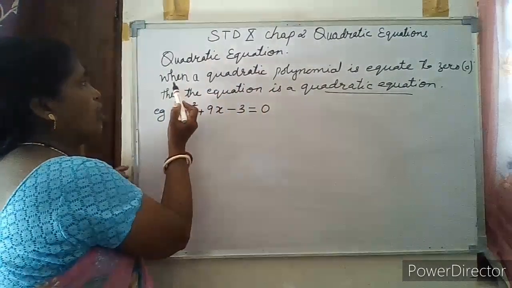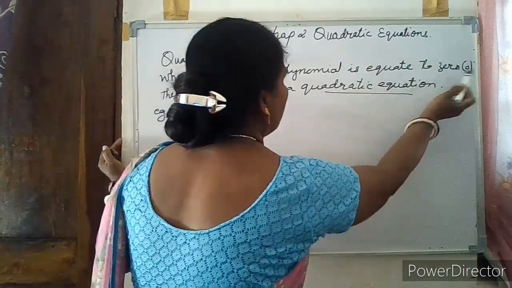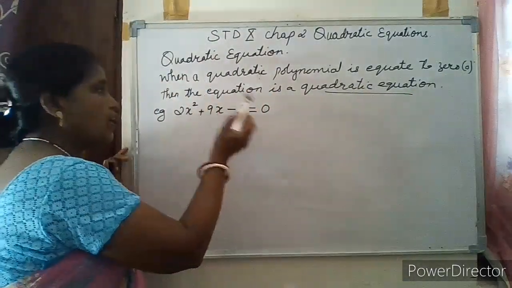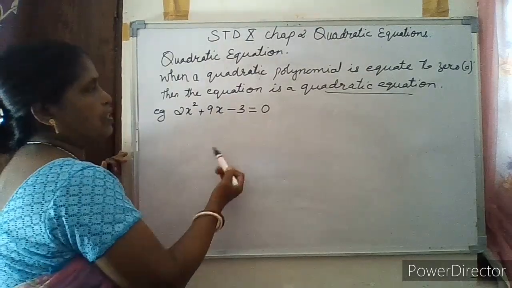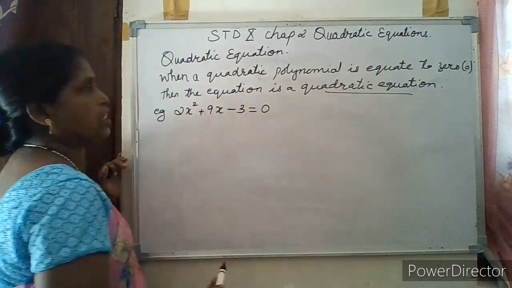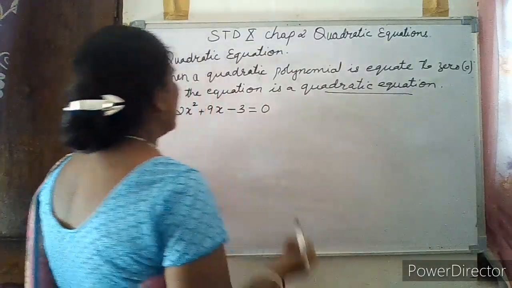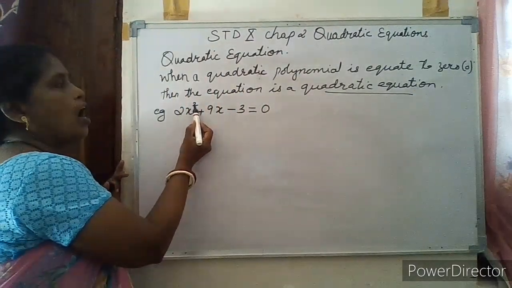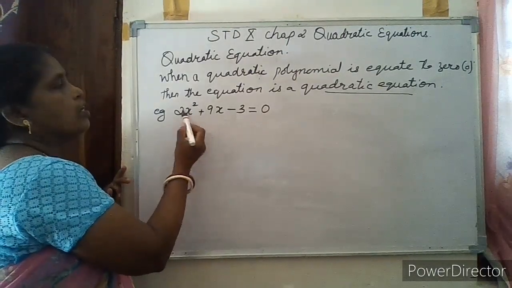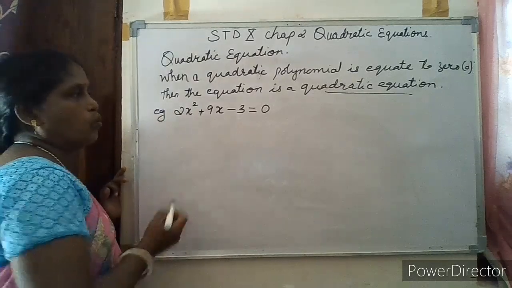Do you understand? When a quadratic polynomial is equal to 0, the polynomial is converted to an equation, and such an equation is called a quadratic equation, where the highest power or degree of the polynomial is 2.